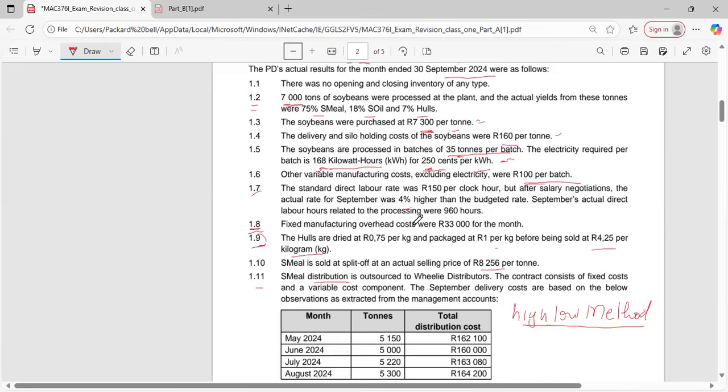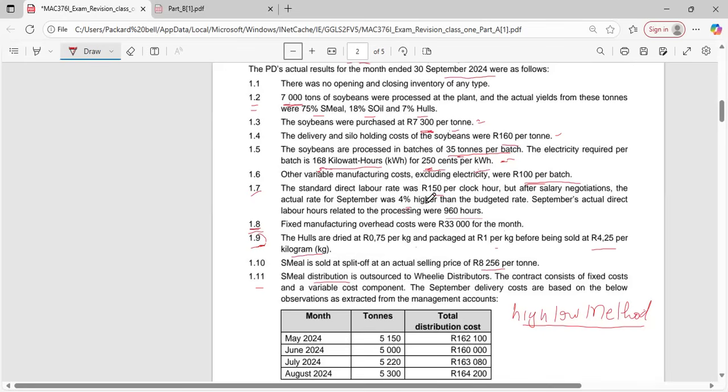September's actual direct labor hours: so we have 960 hours. We need to adjust this by 4%. What else do we need there? That's all. We just need to adjust 150 by 4%.